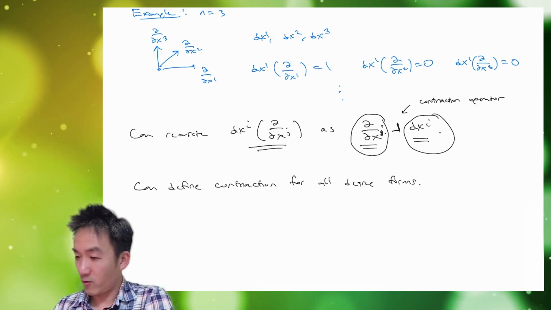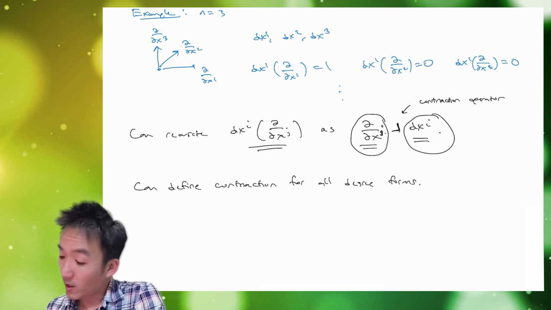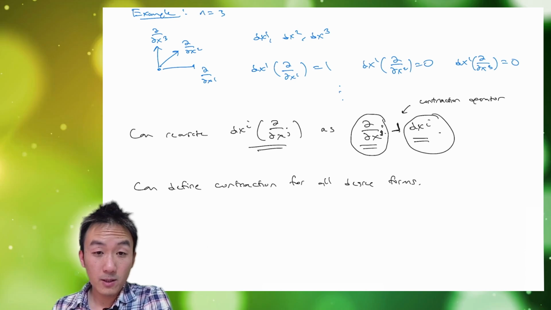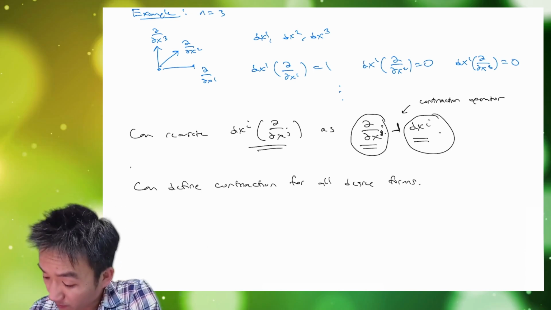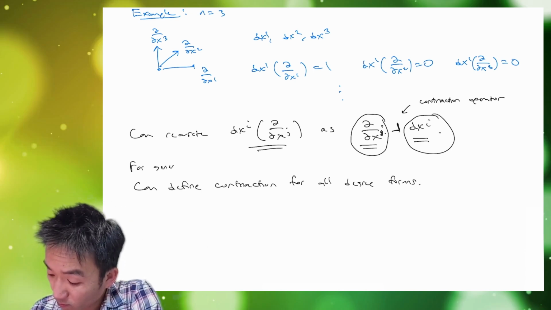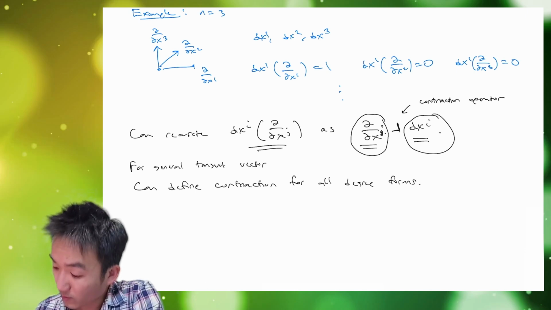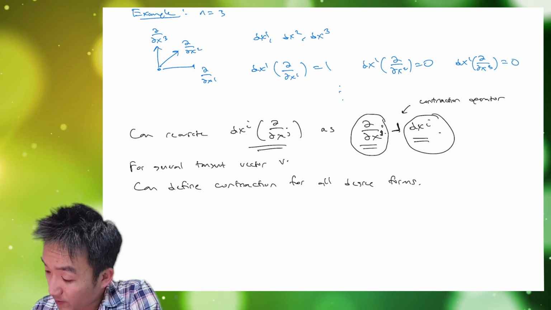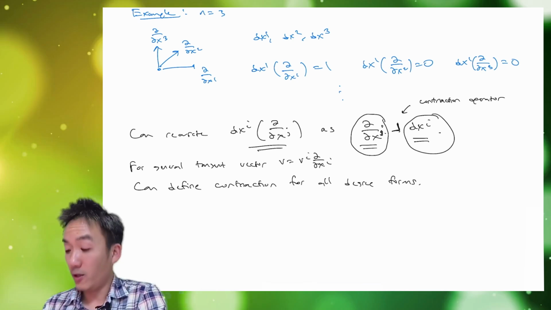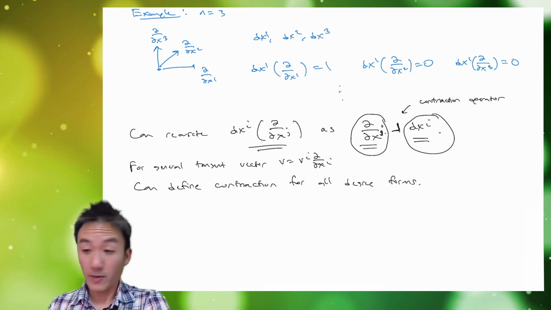Actually, let me first back up. So if I have a general tangent vector, v equals vi partial xi, okay? So again, I'm using Einstein summation, so the i is summed over from 1 through n. So this v is a general tangent vector. It has n components.